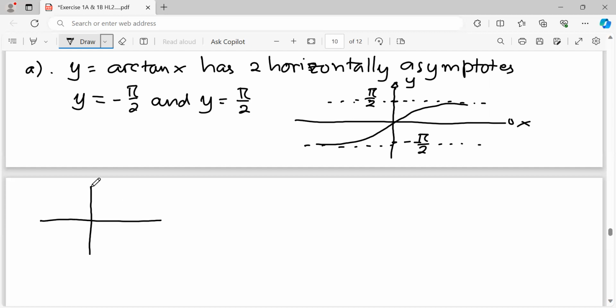I'm going to sketch the graph of y equals sine x like this. Okay, there is no horizontal asymptote. And as well, this is the graph of y equals sine x. Now, I'm going to sketch the graph of arcsine.